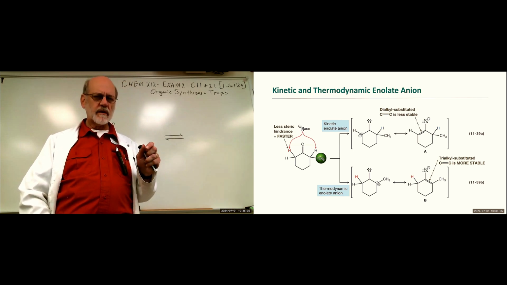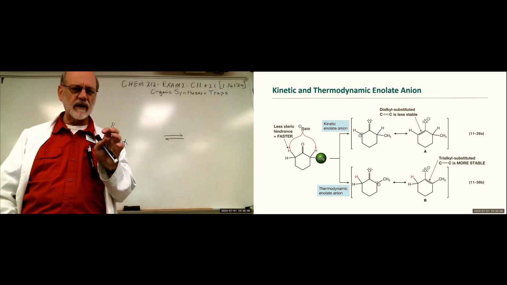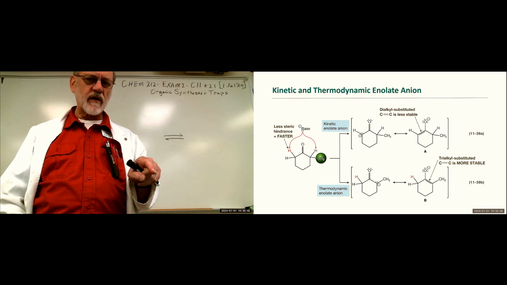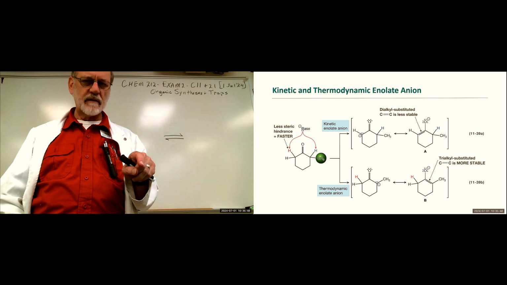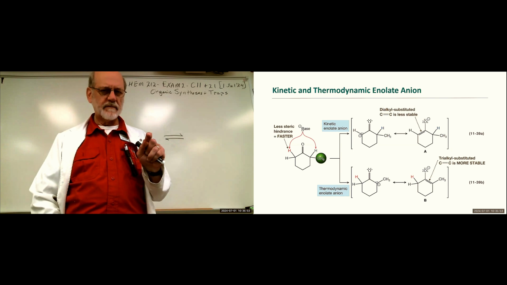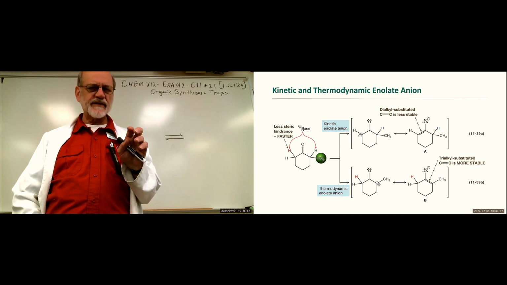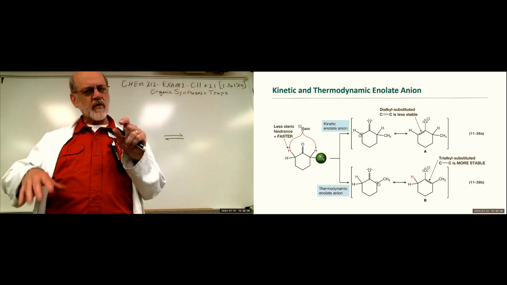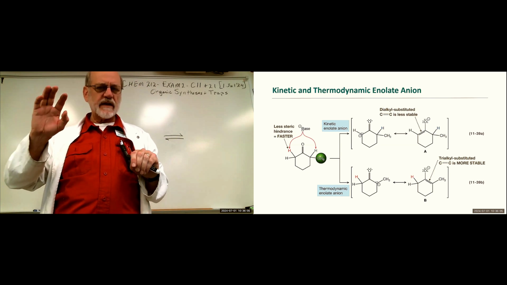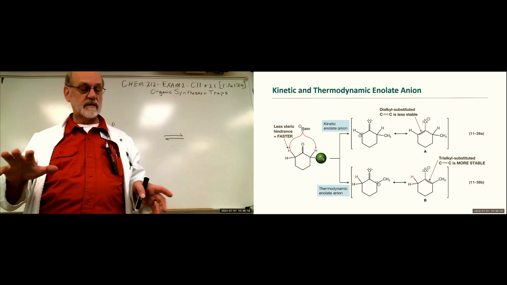If we have the LDA forming the enolate anion, where the anion is on the less substituted carbon, we find that when we resonate with the enolate that has the double bond on the less substituted carbon, it's less stable.